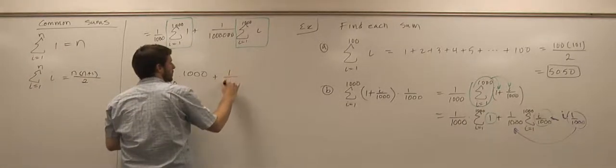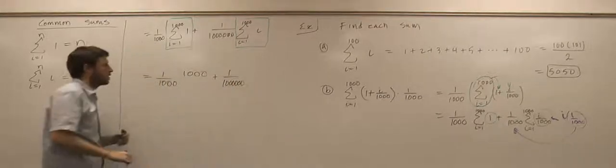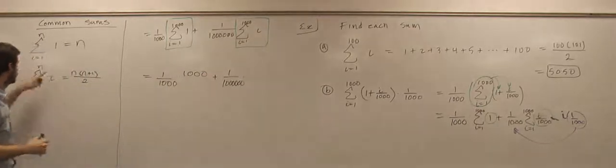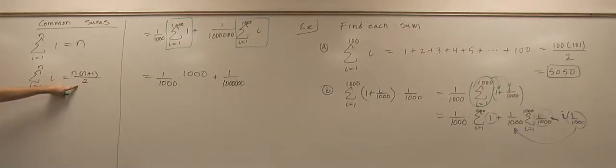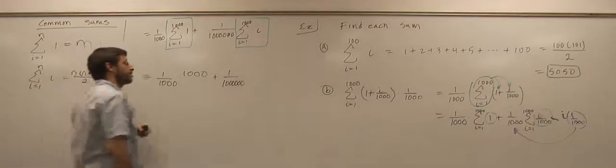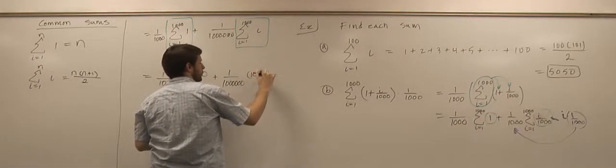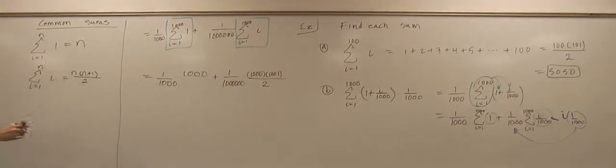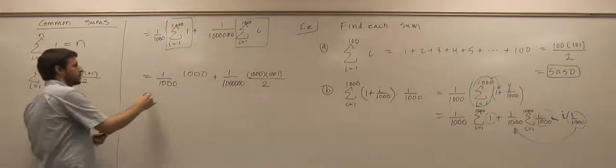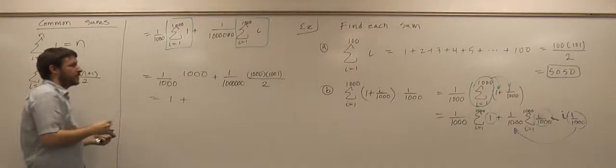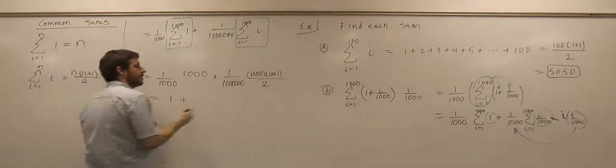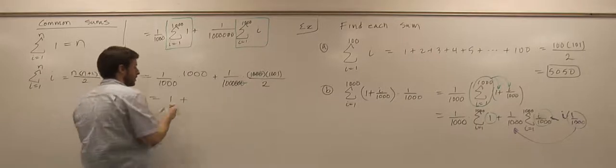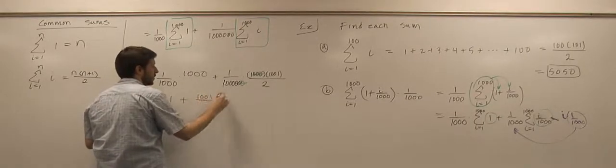Plus the constant multiple times what this guy sums up to: 1,000 times 1,000 plus 1 over 2. You can add them up now, cancel a little bit. This will be 1,001 over 2,000.